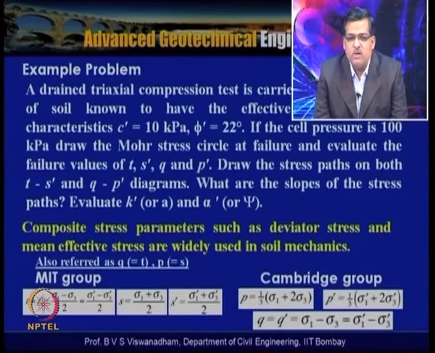But in case of q, q is equal to sigma 1 minus sigma 3 by 2, which is equal to t. Whereas in the Cambridge group, p is equal to one third of sigma 1 plus 2 sigma 3, where p dash is equal to one third of sigma 1 dash plus 2 sigma 3 dash. So q is equal to q dash is equal to sigma 1 minus sigma 3 according to the Cambridge group definition of composite stress parameters.